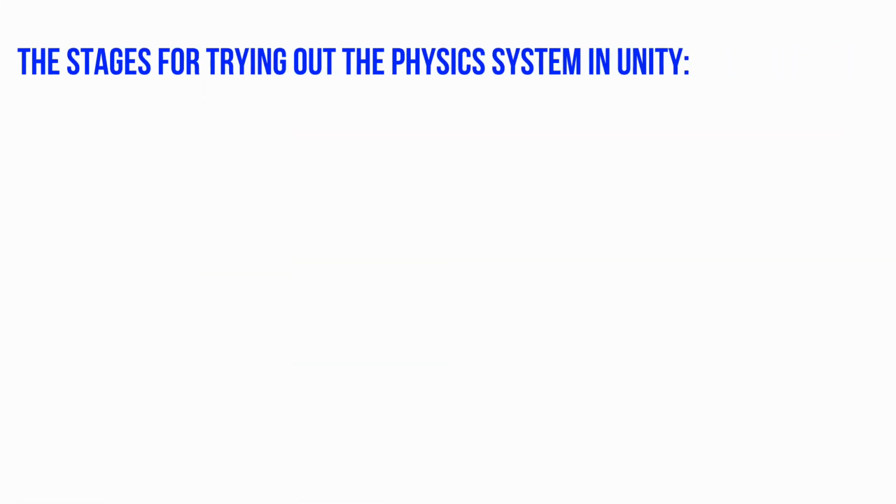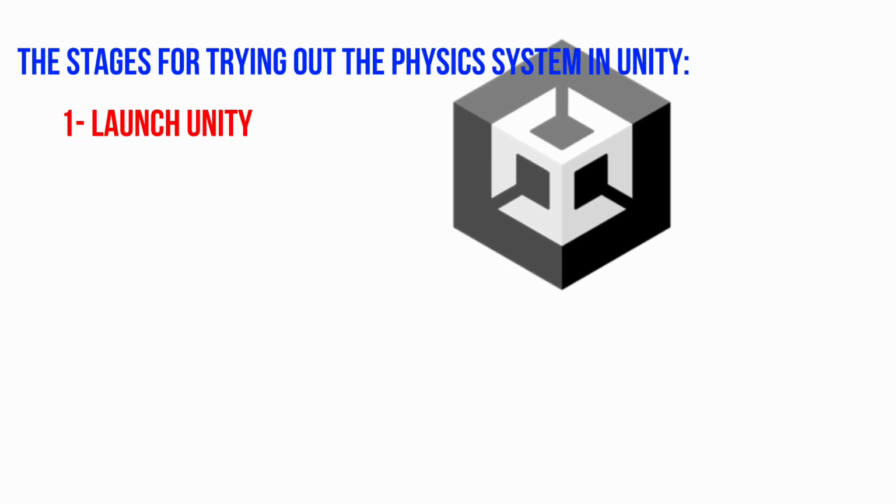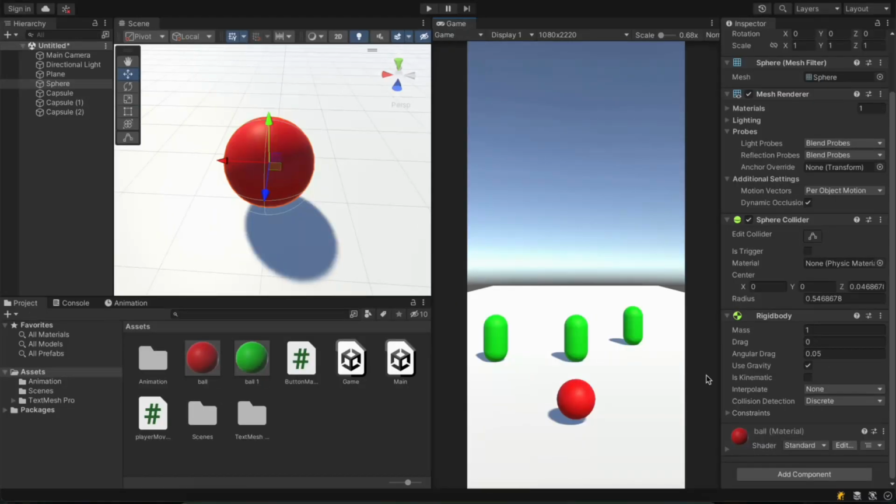So these are the stages that we're supposed to do to try out the physics system in Unity with a ball and some obstacles. First, you have to open Unity on your computer and create a new project, or you can also open an existing one where you want to work. In the next step, you have to set up the scene. In Unity, a scene is like a level or a place where your game takes place.